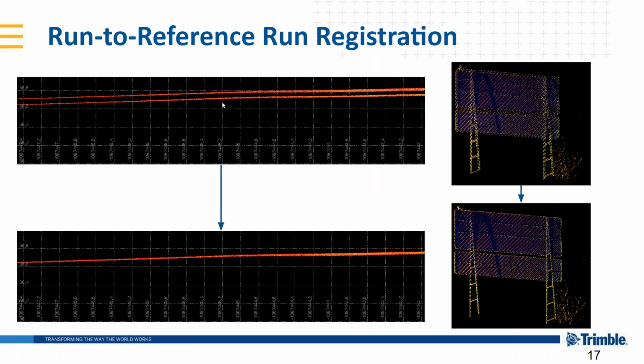So you can see here on the left side, that's a road surface that was taken, and after the run-to-run registration, it's really fitting nicely on top of each other, whereas without that, there was still some offset that was seen.